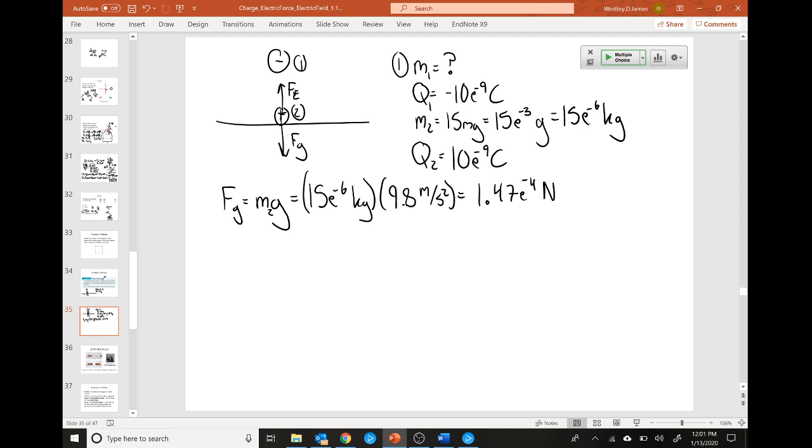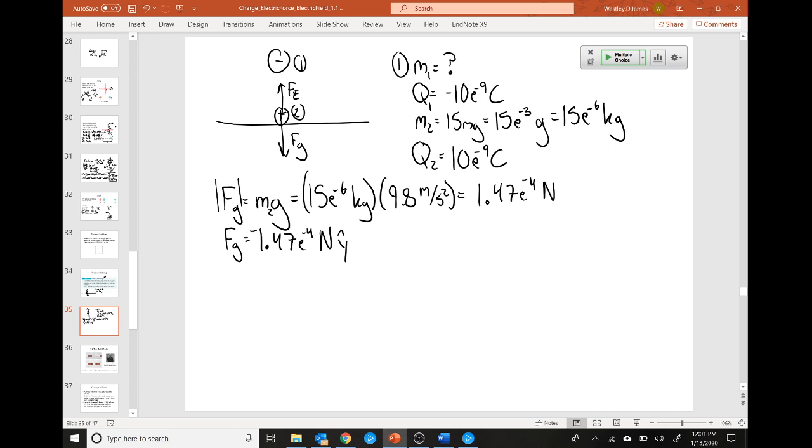And if we wanted to add on to this, so this was just the scalar. I'll go ahead and put this as scalar. If I wanted to give it as the vector, one way of writing that is 1.47 e to the minus 4 newtons in the negative y hat direction. I'm going to try to be using these notations a bit more commonly because, again, you're going to see these from time to time.